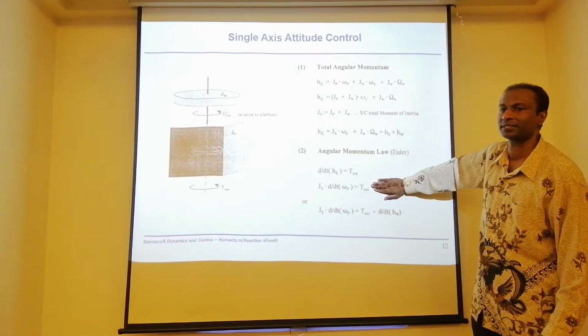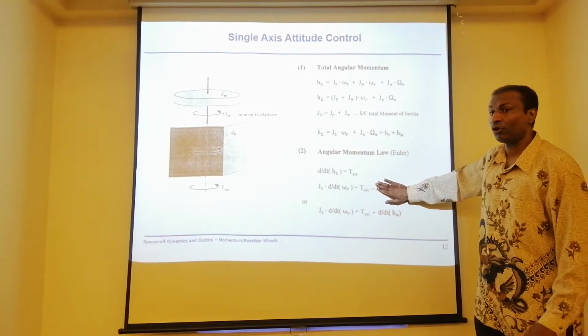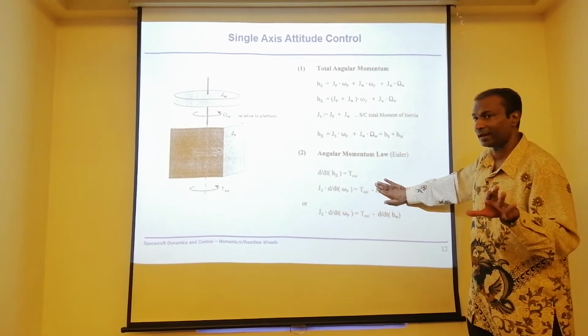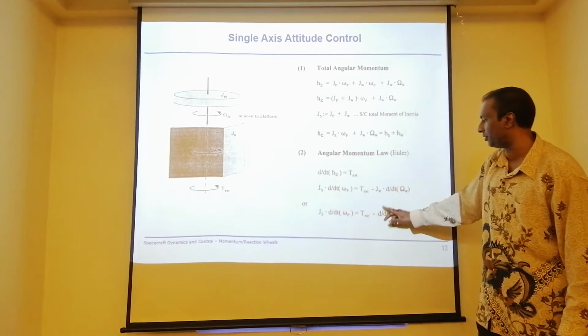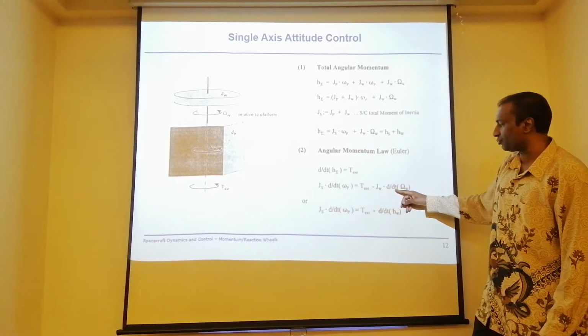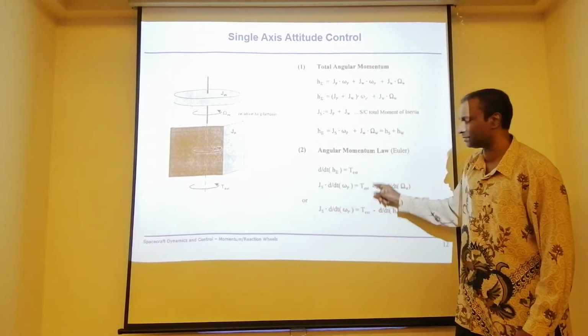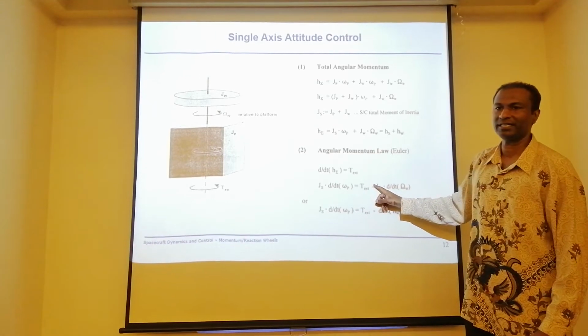Because of some external disturbance, T external. In order for me to nullify that, I need to introduce this wheel. There you go, the wheel comes in here. The wheel is also going to help me. How? It is going to rotate to counter this external disturbance.